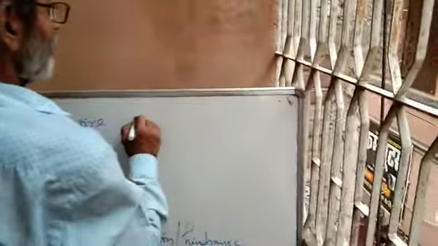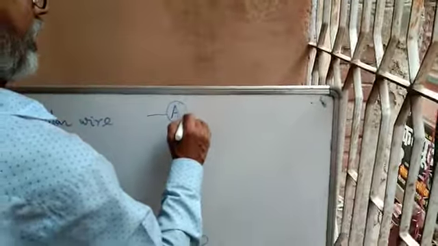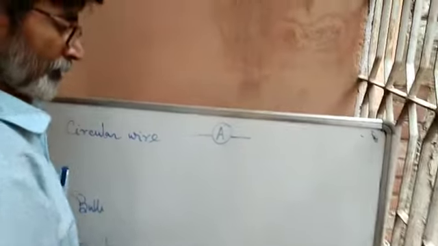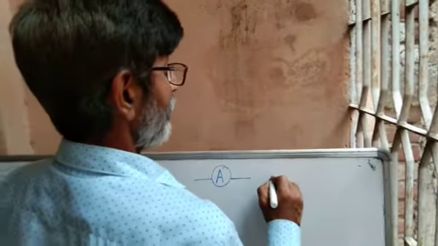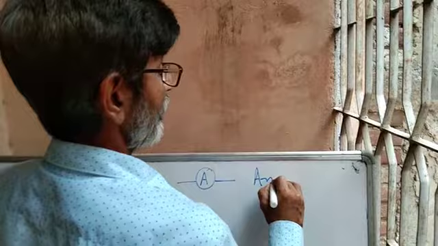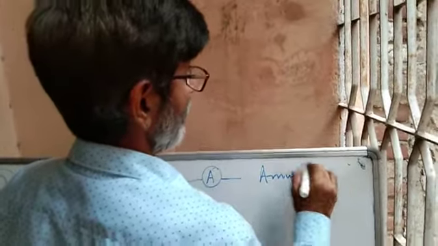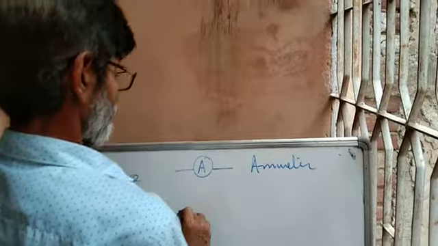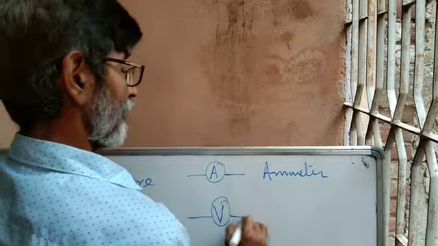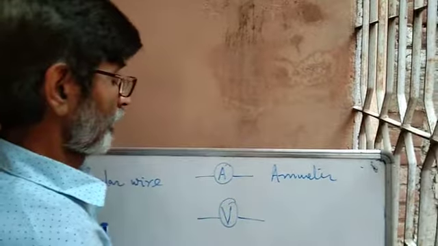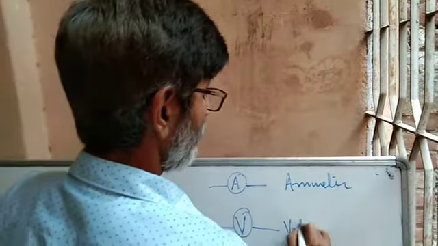When you use an ammeter to measure the magnitude of the current in the given circuit, this symbol is used for the ammeter. And if you want to measure under which potential the instrument is working, you have to measure its potential difference, for which a voltmeter is used.